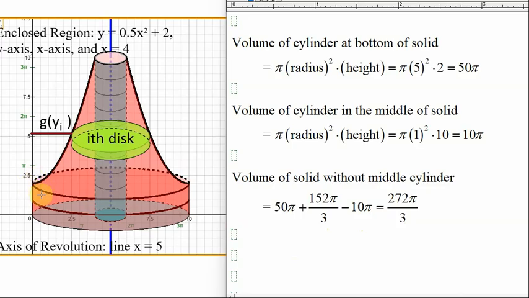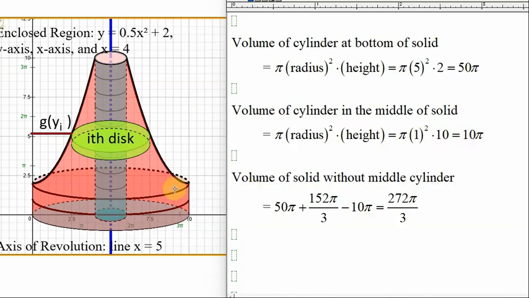And then this cylinder right here at the bottom from 0 to 2, the radius of this cylinder is 5, the height is 2, so the volume will be 50 pi. And then the volume of the cylinder in the middle right here, the radius is 1, the height is 10. So the volume of the cylinder in the middle here is 10 pi.